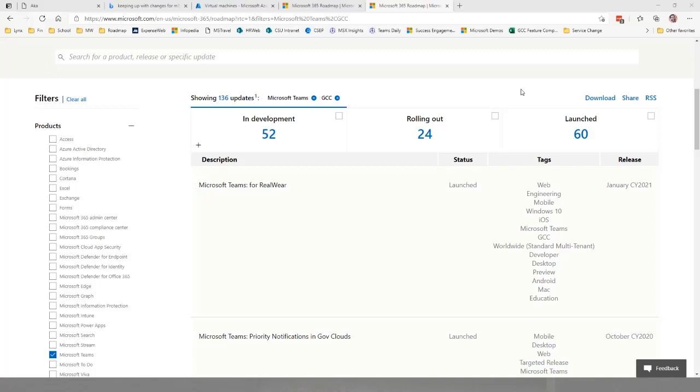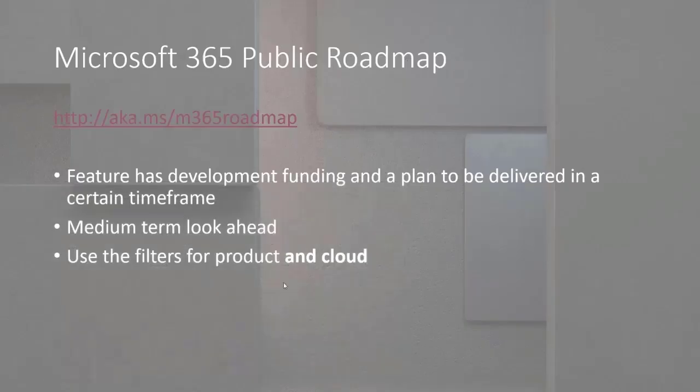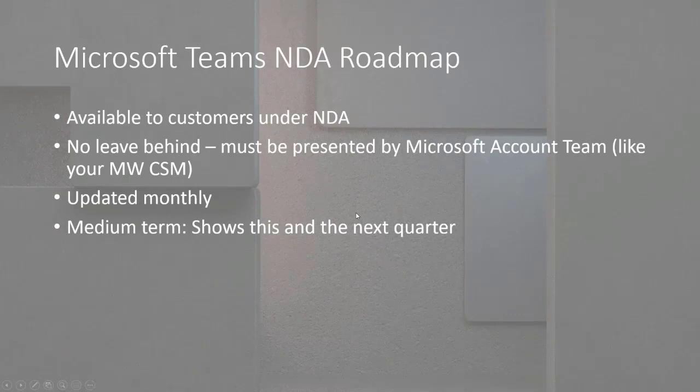So if the M365 public roadmap is that medium term, we cross over into both short and medium term with the NDA version of the roadmap. The NDA version of the roadmap is updated monthly and includes information for this quarter and the next quarter as we're looking at the calendar year.